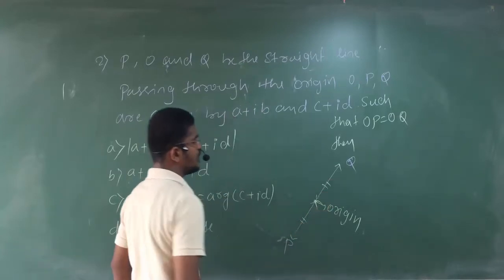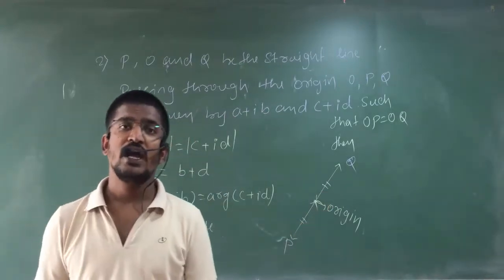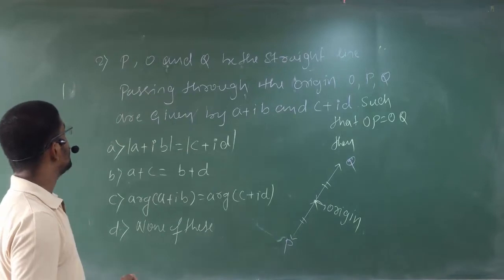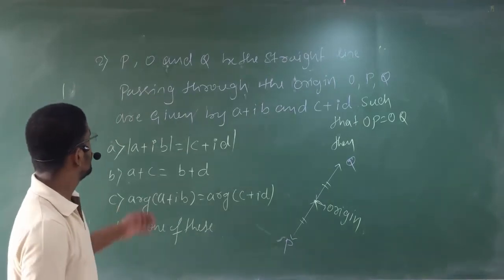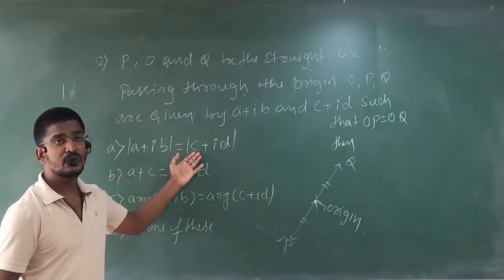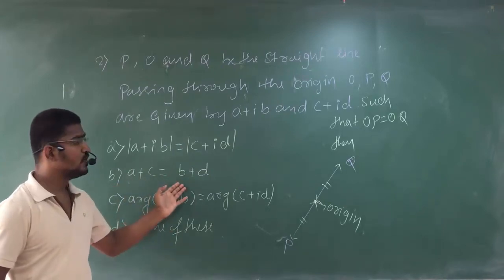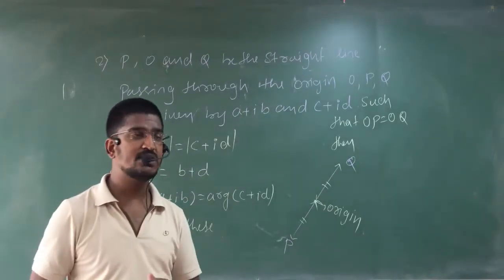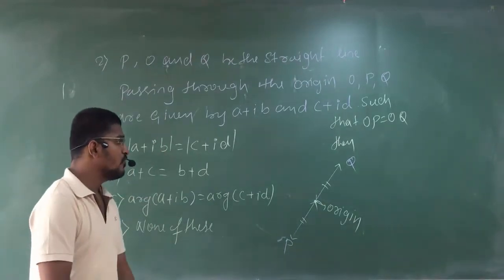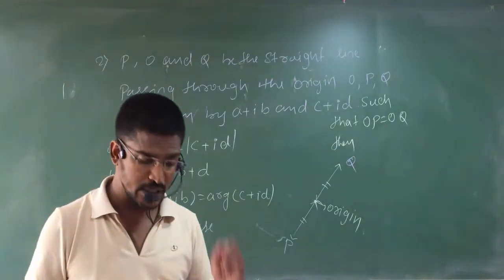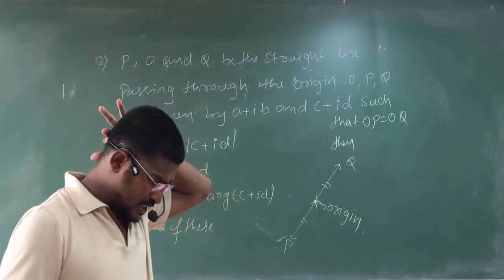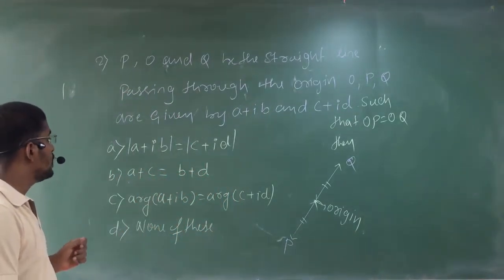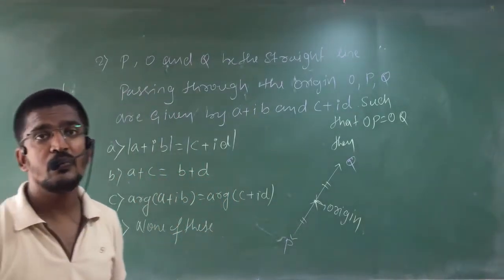These two lengths are equal, and now what they are asking: mod of A plus IB equal to mod of C plus ID, or A plus C equal to B plus D, or argument of A plus IB equal to argument of C plus ID, or none of these. Okay students, see here, it depends on solving the problem here.